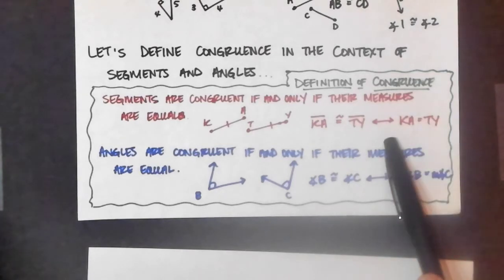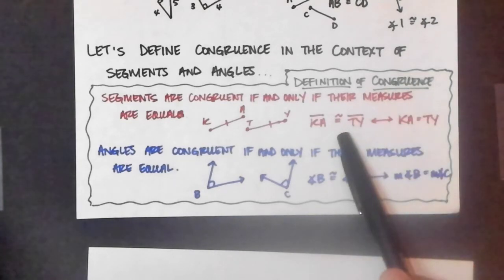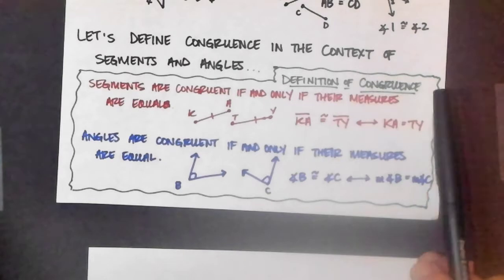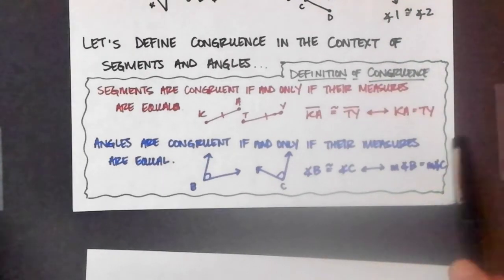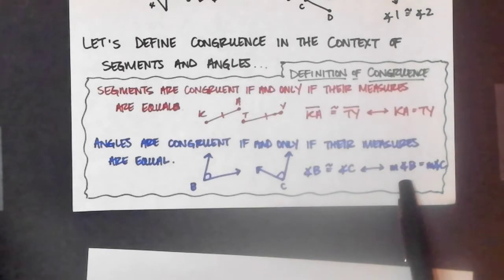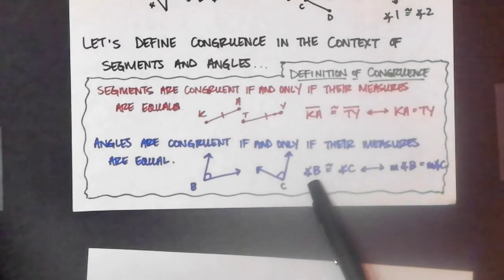And because this is a definition, the converse is also true. We could start with this statement as our hypothesis and end with this statement as the conclusion. For example, if the measure of angle B is equal to the measure of angle C, then angle B is congruent to angle C.